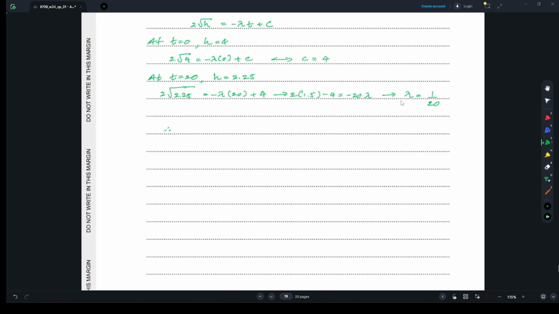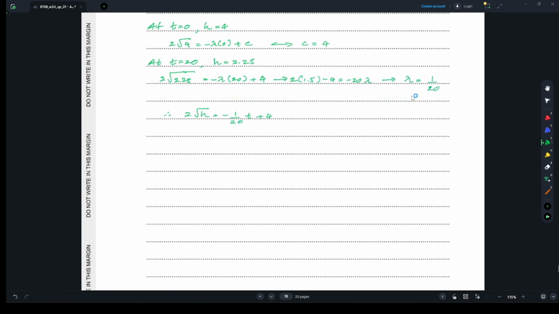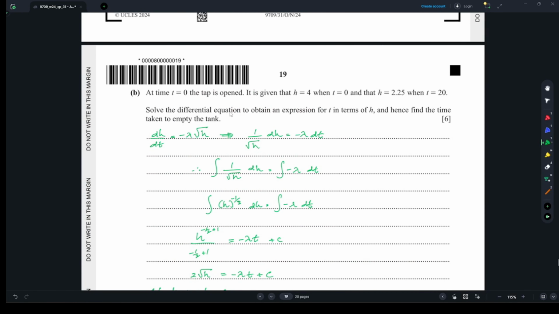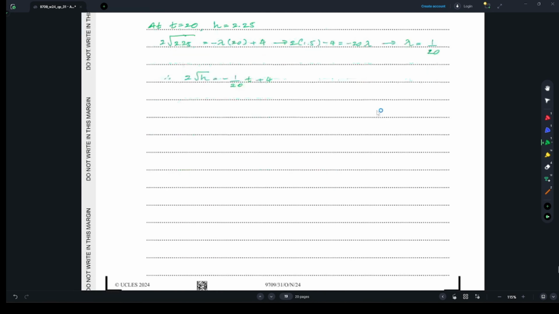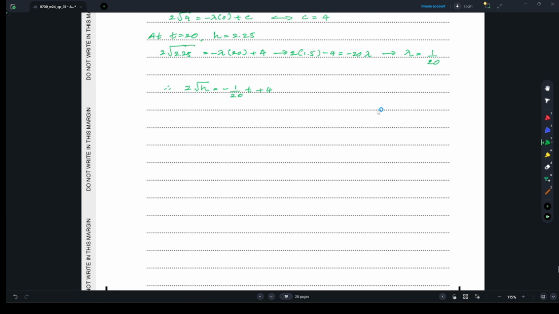Okay, therefore we can write our equation: 2 root h equals minus lambda, which is 1 over 20, times t, plus 4. And they are asking to solve the differential equation to obtain an expression for t in terms of h. So you have to now make t the subject.